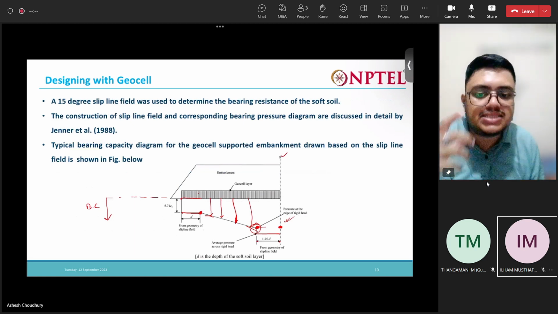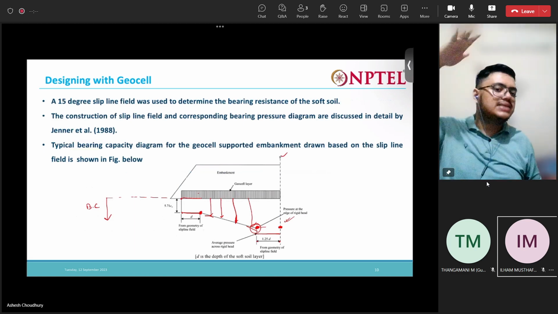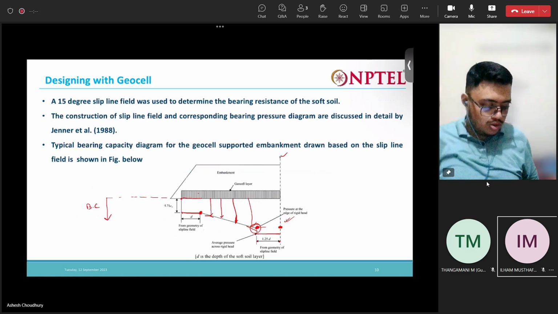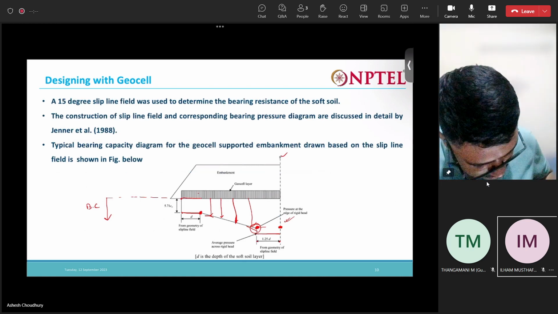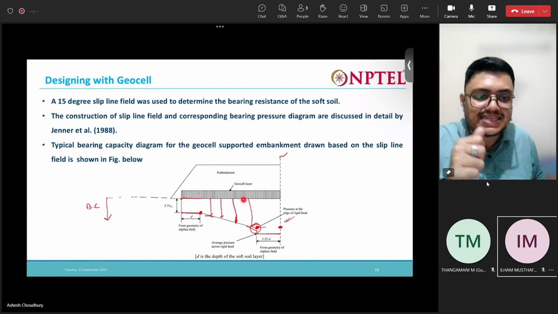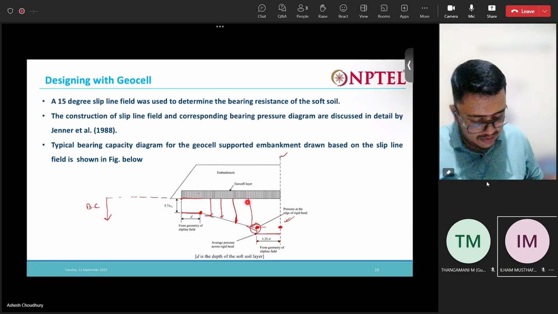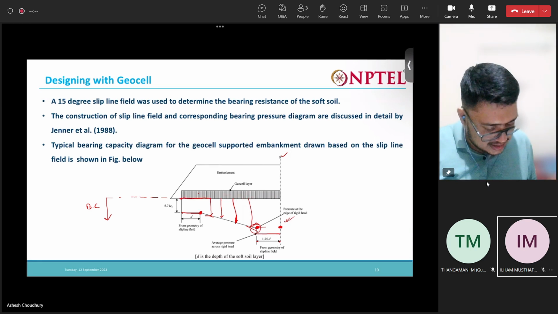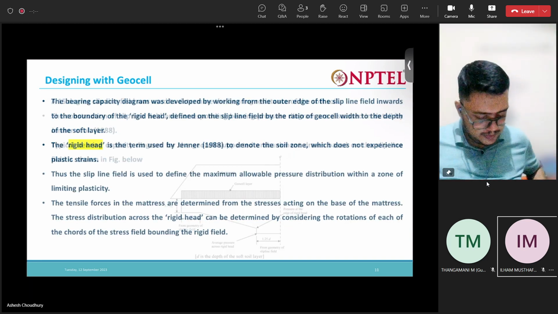So in the geocell there will be some tensile forces acting due to the load that is acting on it. Those tensile forces are determined by determining the pressure or the stress at the base of this geocell layer, at this level. That is what we need to determine using these pressure diagrams.